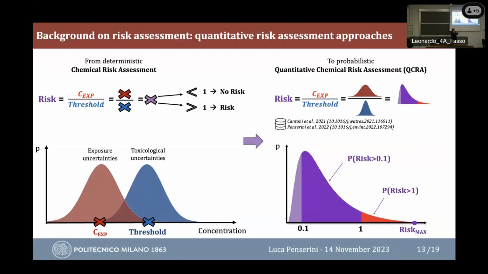A procedure called quantitative chemical risk assessment has been developed in previous years, and is reported in those papers. The result is that we don't have a single value for a risk anymore, but we have the distribution of risk. So we can also take more conscious decisions.